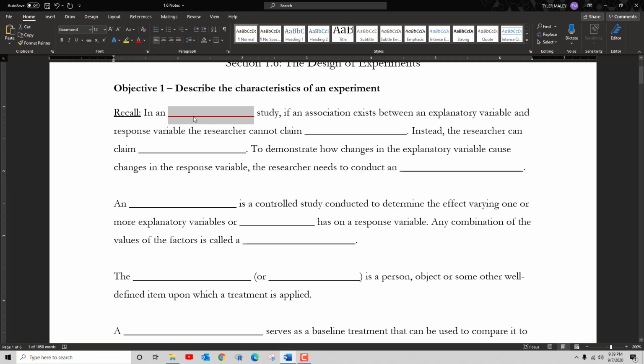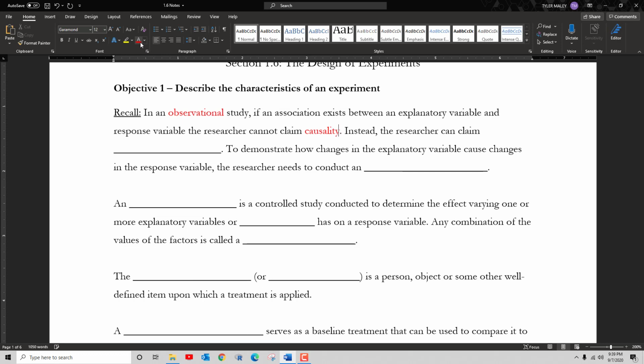So in an observational study, if an association exists between an explanatory variable and a response variable, the researcher cannot claim causality. Right?